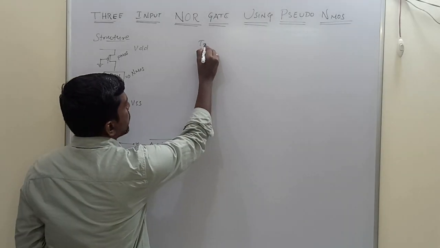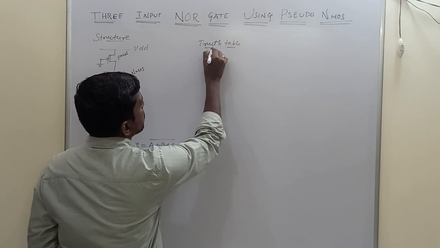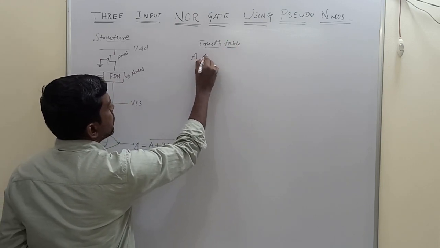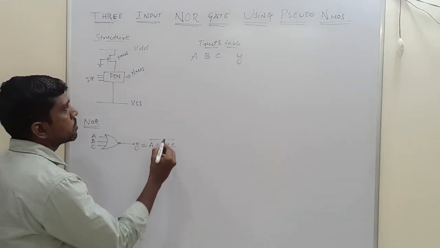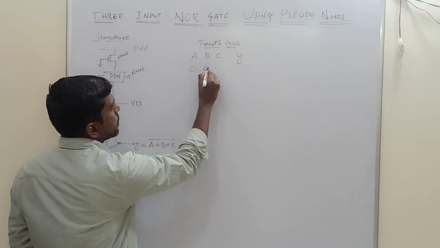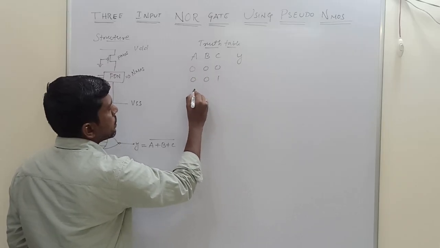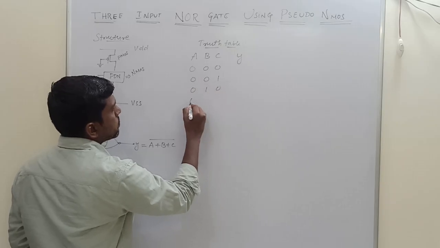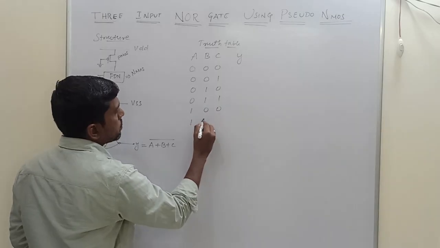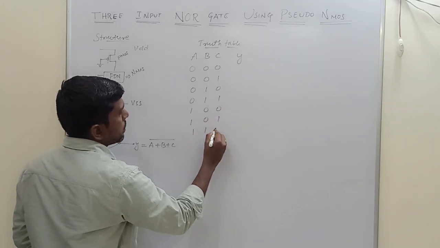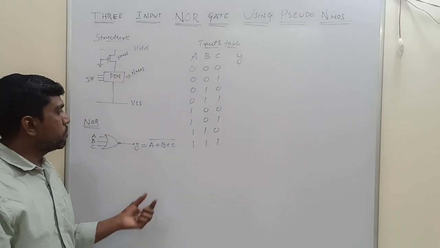Now I write the truth table. Here the inputs are A, B, C and the output is Y. These 3 inputs make 8 combinations of input: 0 0 0, 0 0 1, 0 1 0, 0 1 1, 1 0 0, 1 0 1, 1 1 0, 1 1 1. Then we find the output.